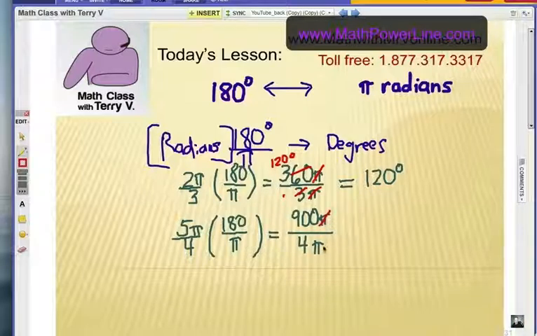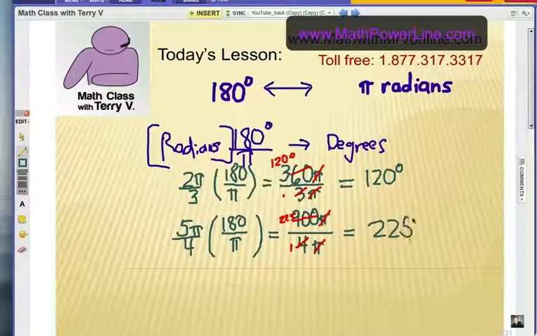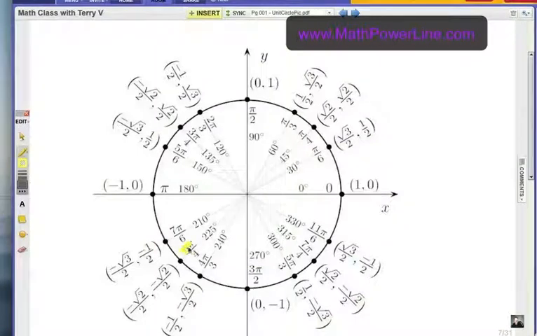The pi's will always cancel out, and we can divide a factor of 4 out of each number, which gives us 225 degrees. Now we're going to check this back on the unit circle diagram. Yes, 5/4 pi is the same as 225 degrees. Very good.